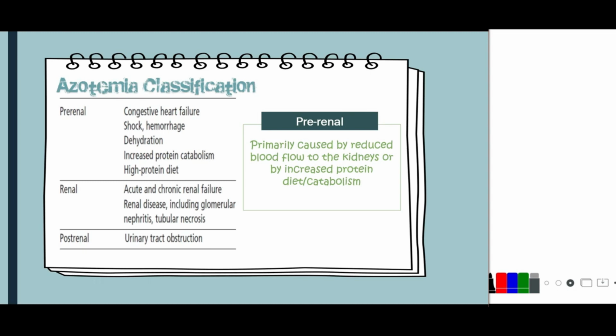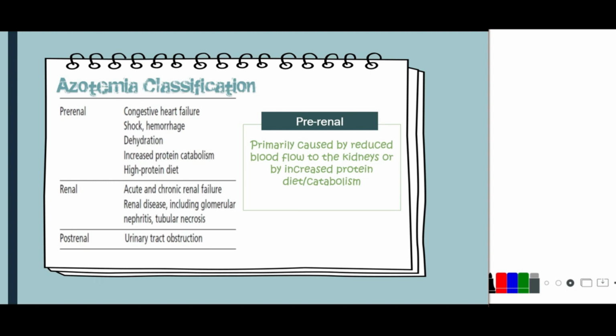So, in the pre-renal azotemia, walang problem yung kidneys. Pero bakit nag-accumulate yung BUN sa circulation? It's because reduced yung amount ng blood supply towards that of your kidney. So kung mababa yung blood flow, that would also mean na hindi masyadong mafi-filter yung dugo through the kidneys.